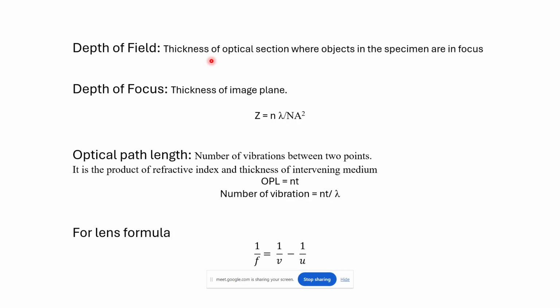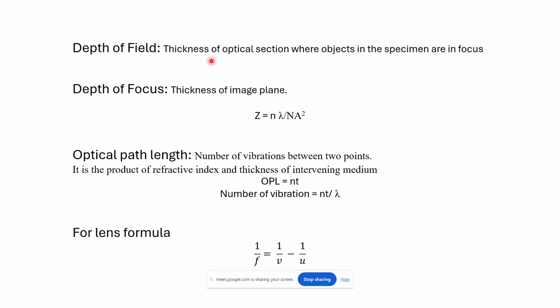Also we have the optical path length, which I guess he has not taught you yet, but I guess he'll tell you in next week's session. The optical path length is basically the number of vibrations which occur between two points. It is just the product of the refractive index of the medium in which the light is traveling and the thickness through which it travels.